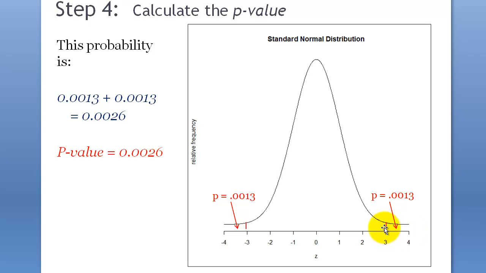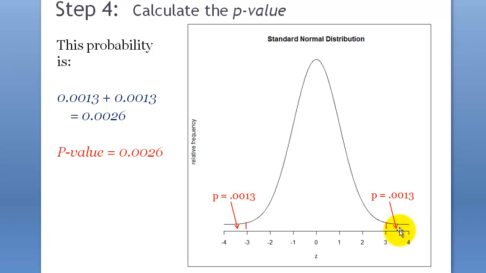That's the probability here. So small. Anything beyond this point is going to be a critical difference, a critical effect. So in this case, it's critical.